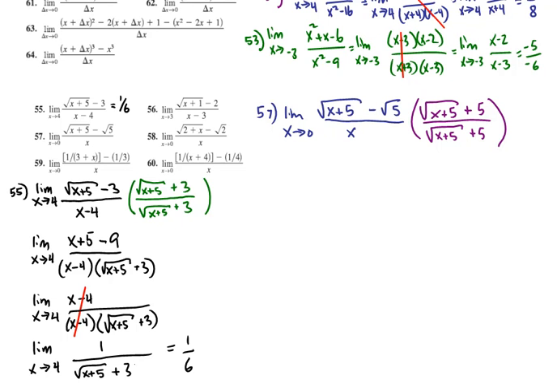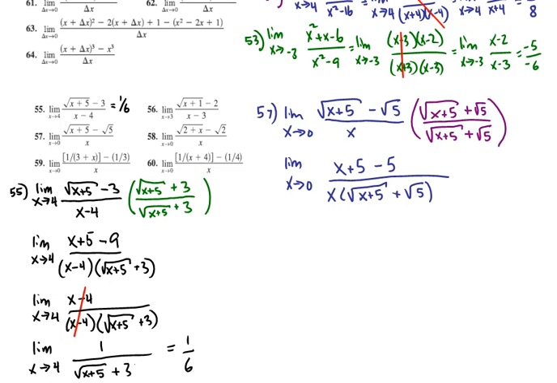The numerator is a difference of squares, so that's first term squared minus second term squared. So that would be x plus 5 and then minus 5 all over x times the quantity square root of x plus 5 plus the square root of 5. And in that conjugate expression above, I didn't square root the last 5. I need to do that.